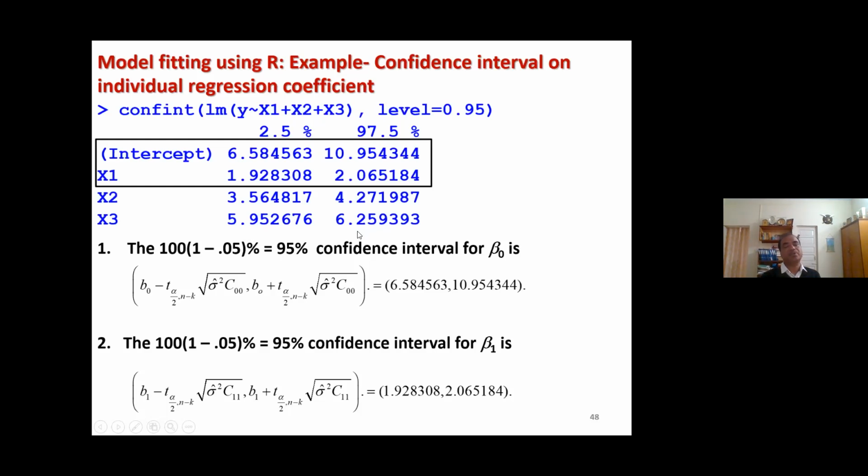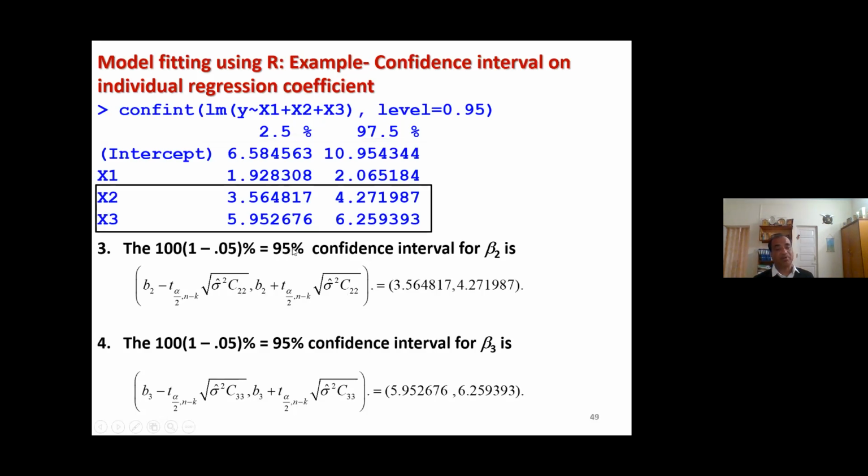When you are trying to find all such conclusions, you have only one set of sample data. Based on that, you are trying to take conclusions which are going to be valid for the entire population. That is why you have to be careful, and there is always a probability of it happening or not happening. I have given here the expressions by which these values have been obtained.